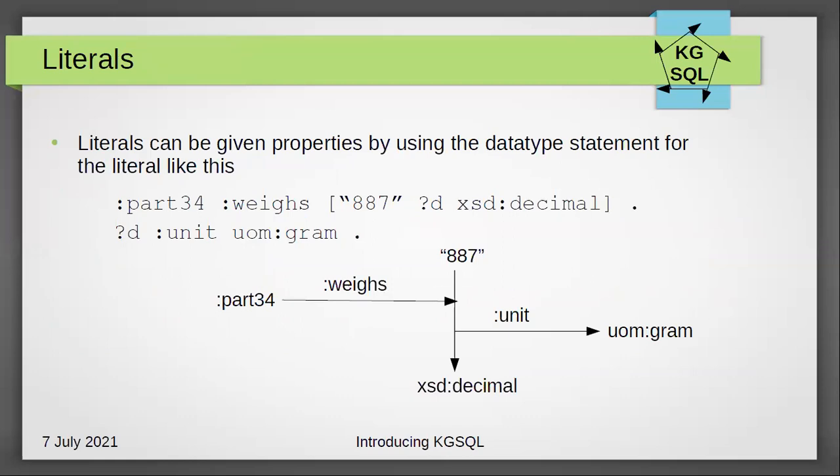So what about literals? As I mentioned, literals can be given properties because every literal has a data type. And so it has this statement, namely the statement that the literal has a type that's a particular data type. So here, for example, 887 is a type decimal. And so that statement is reified. It has an identifier, and that identifier can then be used to specify the unit.